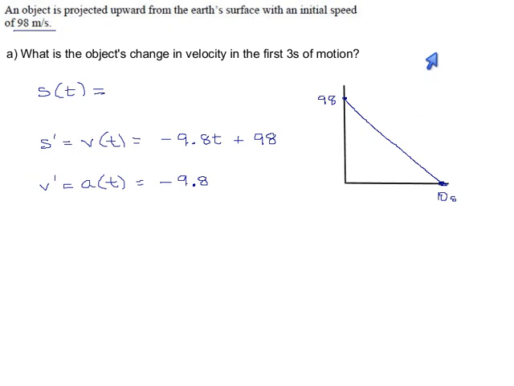After that, if it keeps going, the velocity will go negative and the object will start falling back down. So this represents rising quickly, rising slowly, stopped, falling slowly, and then it'll fall faster and faster until it runs into something.